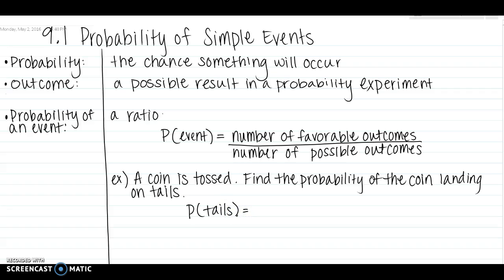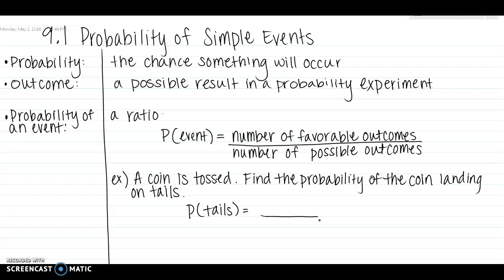Okay, the number of favorable outcomes is going to be the number of outcomes that would make this true. And the number of possible outcomes is going to be however many total different kinds of outcomes there are. I like to start with the number of possible outcomes and then look at the number of favorable outcomes. So in total, the two choices that there are when you flip a coin are tails or heads.